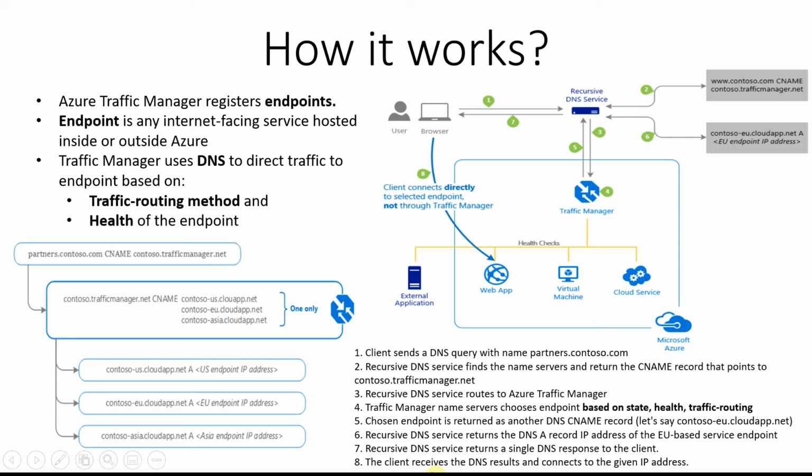Let's say your on-premise application is somewhere in India, and the traffic is coming from the US. So it will not redirect the traffic to the data center in India. Instead, it will route the traffic to another resource which is closer to the US location.